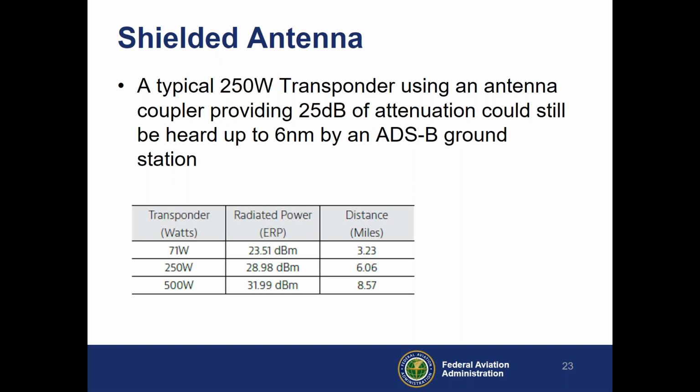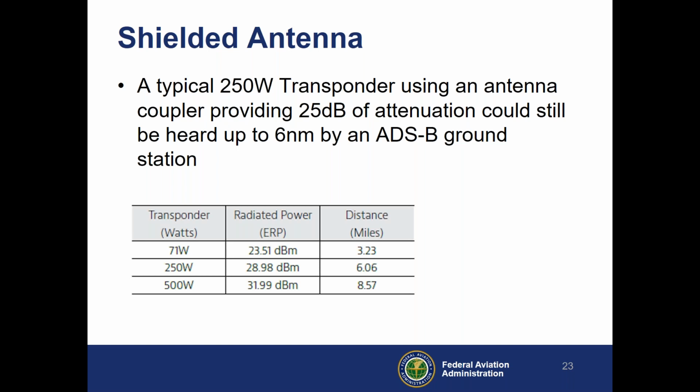Again, this is a typical 25 dB of attenuation. So it's very important when you are using an antenna coupler or an RF block that you get a good seal on the aircraft. You have to have a good fit, make sure there are no gaps on the bottom, and then you should be able to exceed that 25, get up closer to 30, even over 30 dB of attenuation.